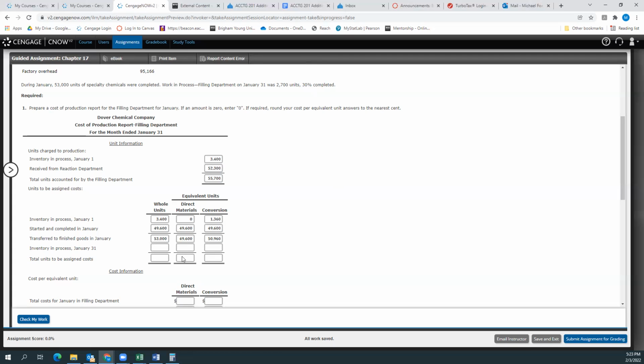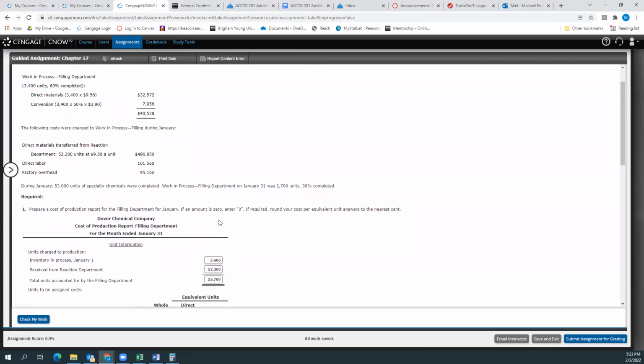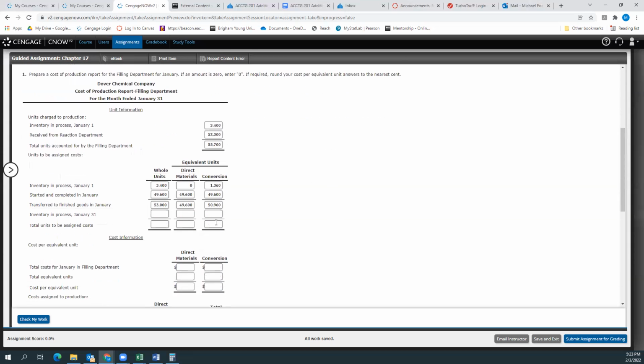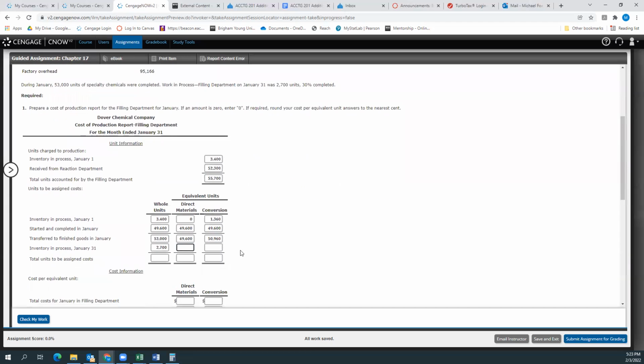All right. So on this slide, we're going to look at our inventory in process at the end of the month. And we can look right here, and it tells us that the work in process in the filling department on January 31st was 2,700 units, 30% completed. We're going to say 2,700 whole units. We know that these units already have their direct materials applied.